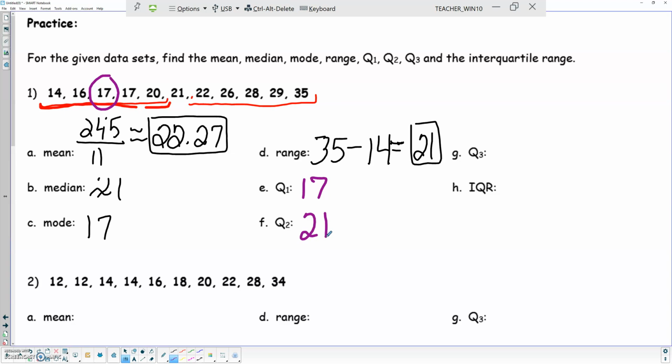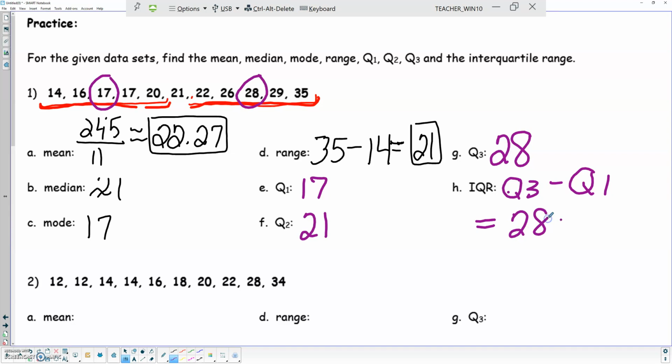Q3 is the median for the upper half of the data. So here the median for that upper set is 28. And then the IQR, that stands for interquartile range, is Q3 minus Q1. So that's going to be 28 minus 17, which is 11.